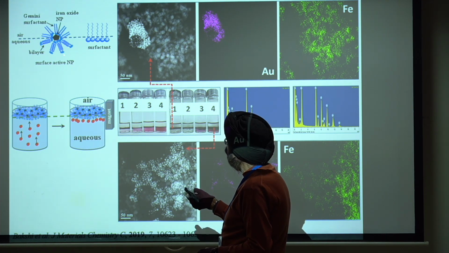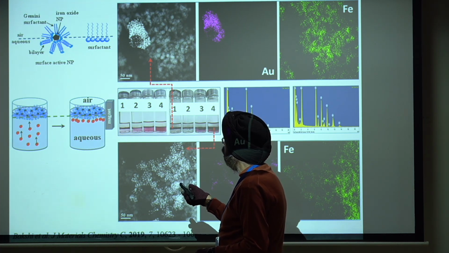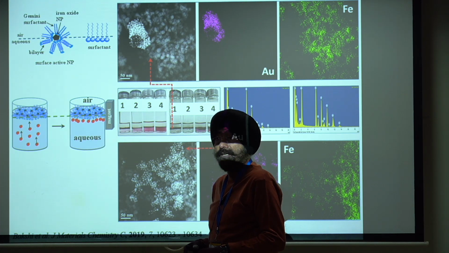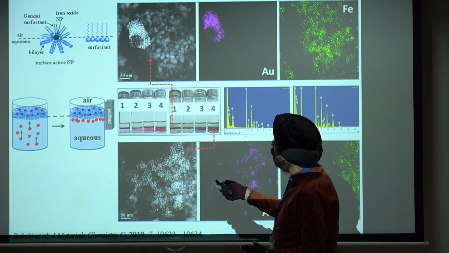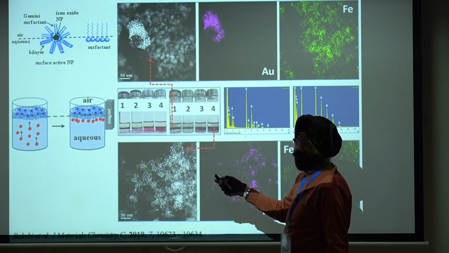But these tails cannot be directed towards the atmosphere because they are non-polar. So therefore, there is another layer on the particle. This is bilayer, this is monolayer.